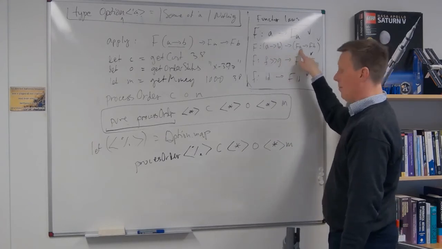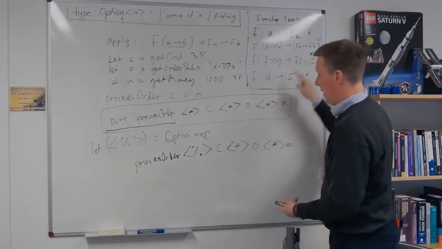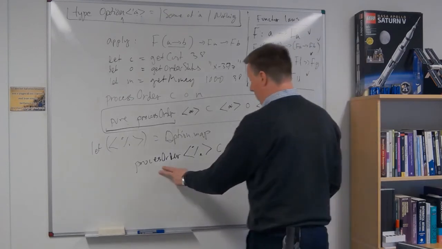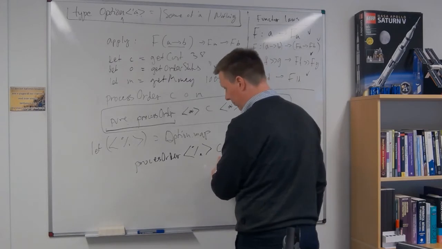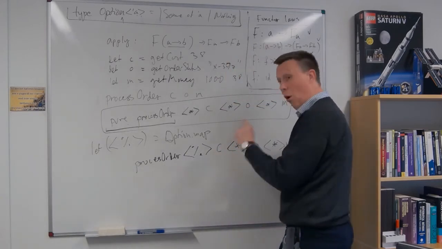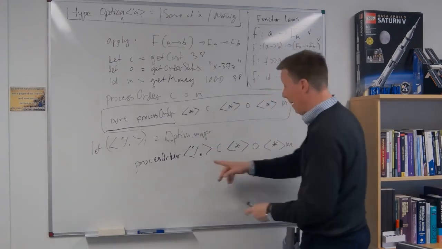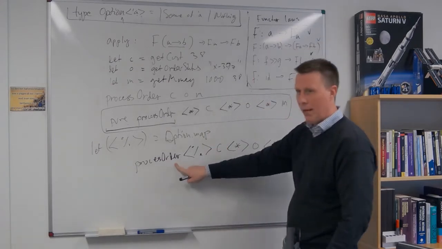And it takes some value wrapped inside a functor, in this case option. So apply it to an option value, which is the c. And the whole thing now returns, since this is map, an option with the partially applied process order.